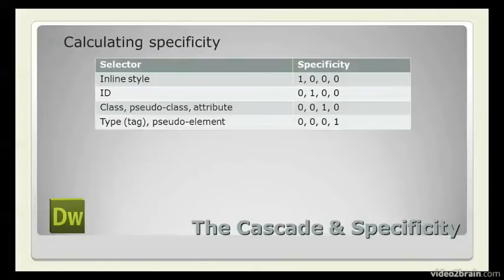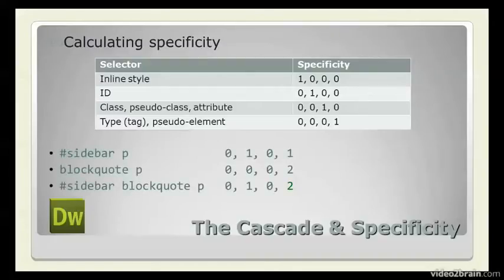The official way of calculating specificity uses 4 numbers separated by commas. To work out a style rule's specificity, you add up the values of each part of the selector in each comma-separated group. These examples should make it a little bit clearer. In the first one, there's an ID selector and a type or tag selector.